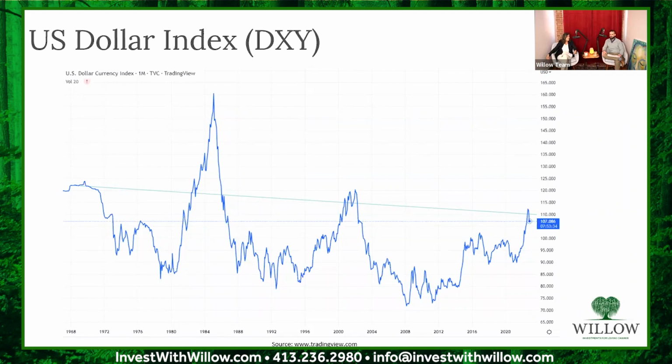And one of the things you see here is each one of these spikes. We would expect, when there is any type of disruption around the globe, that there's a flight to quality, which is the US dollar.